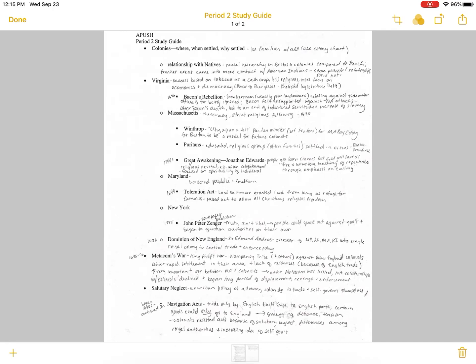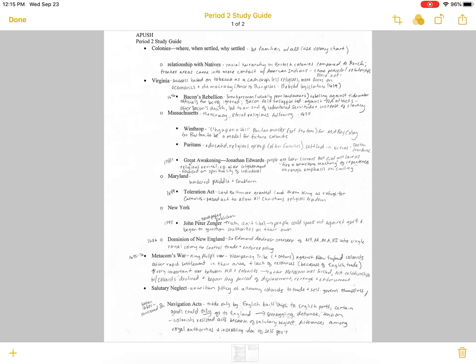King Philip felt like he was being pushed out, and all of the resources in those areas were basically being gobbled up by colonists who were then sending those resources back to England. And Native Americans like the Wampanoags felt a little like not only left out, but left without. And so it results in Metacom's War.